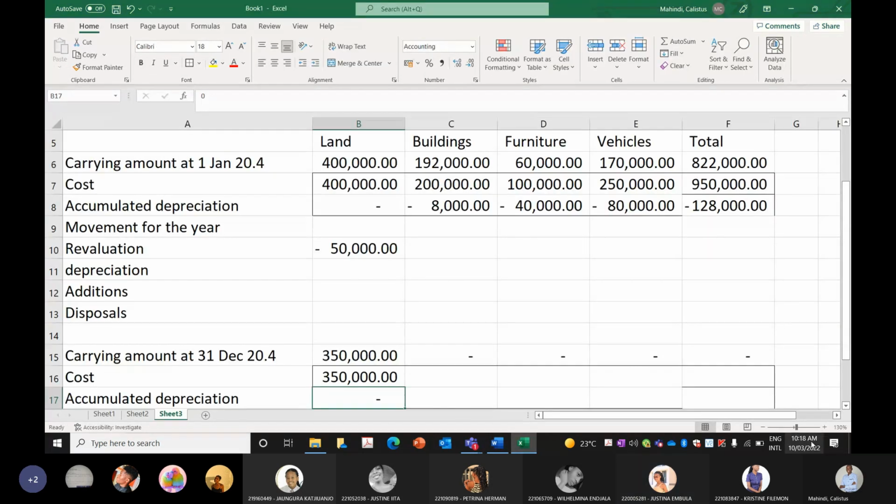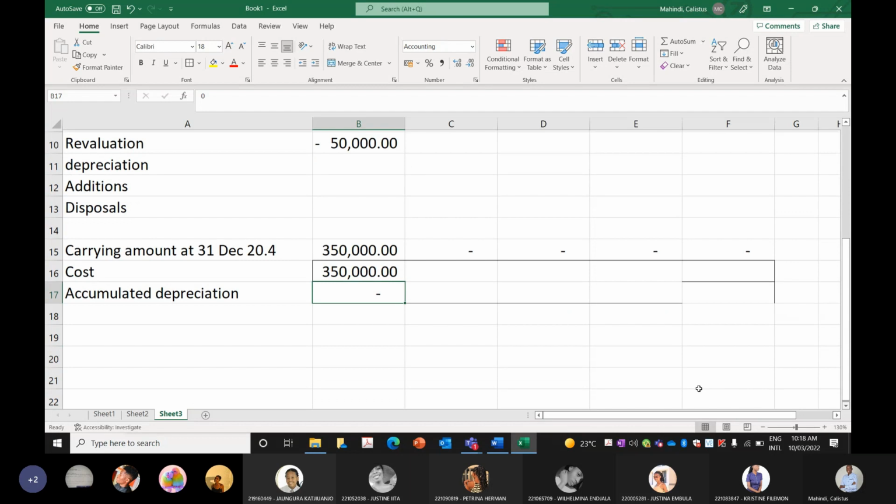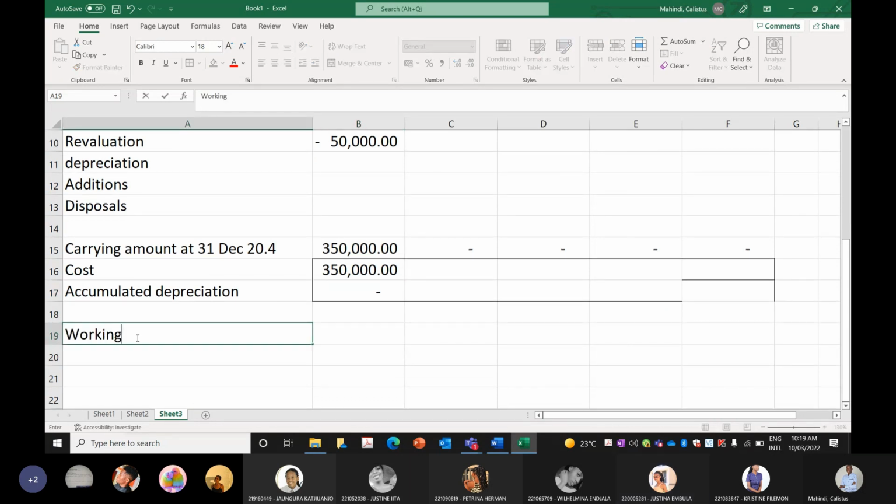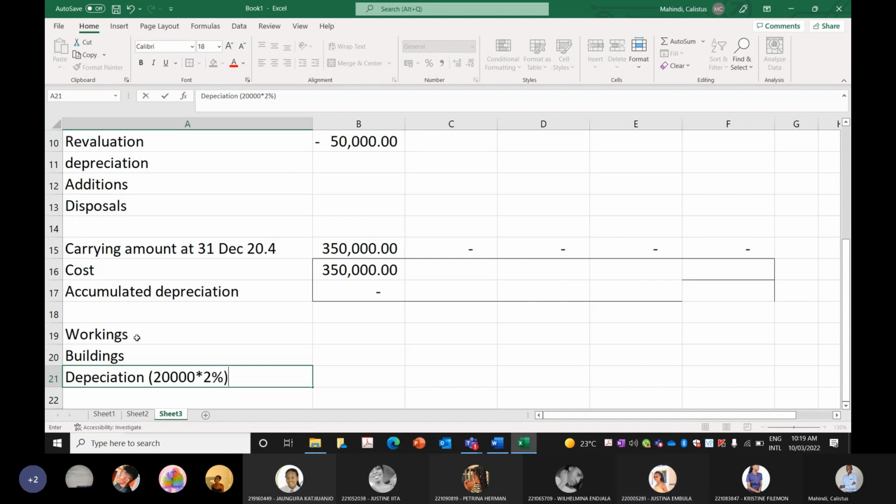Okay, so you might have to do workings. Maybe let me do the workings below. Okay, so your buildings, your depreciation would be, what was the cost of your buildings? 200,000 times 2%. Okay. Since this is another question, I'll put these buildings as working one.